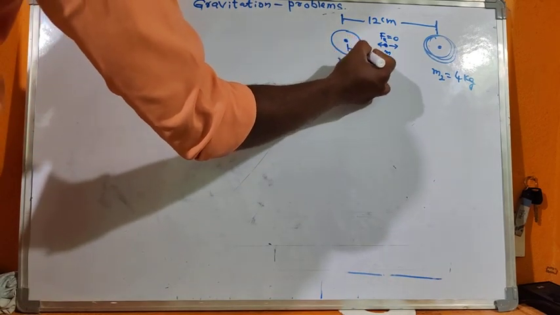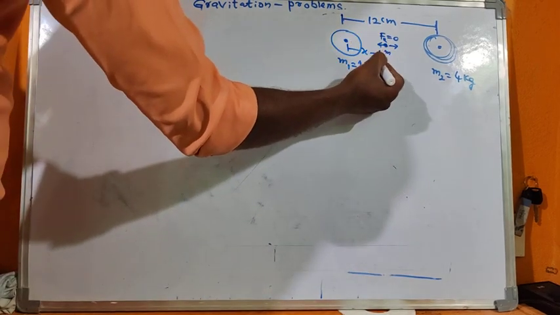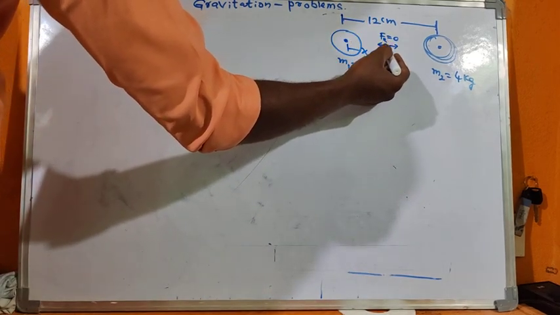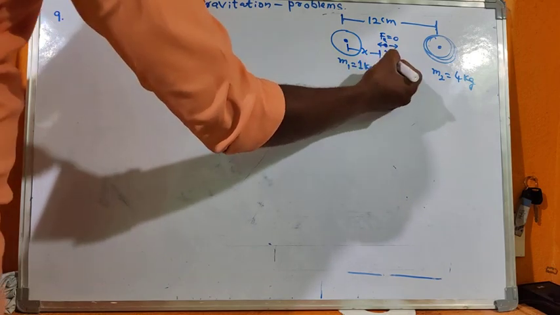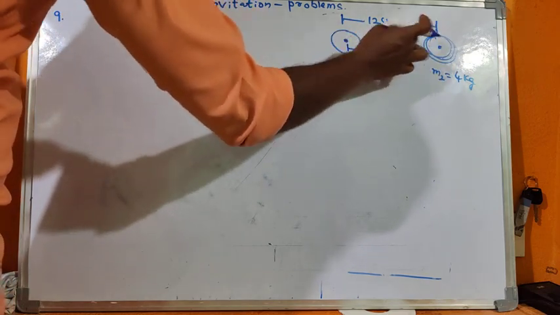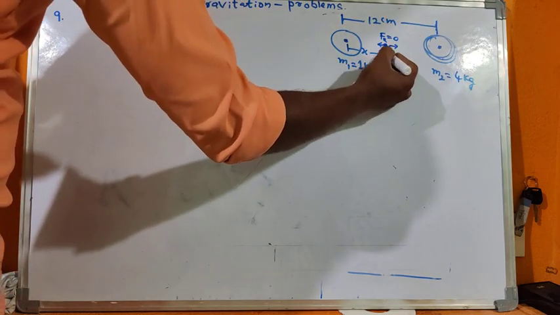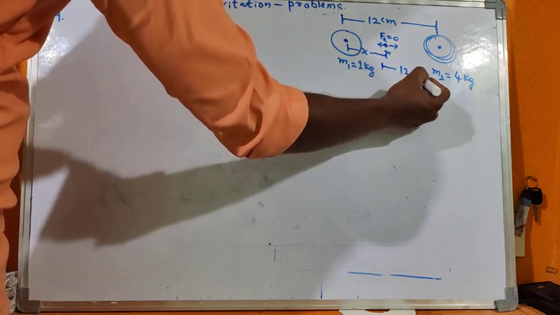Let the distance from the 1 kg mass where the resultant force is 0 be x. The total distance between the centers is 12 centimeters, so the distance from the other mass is 12 minus x.